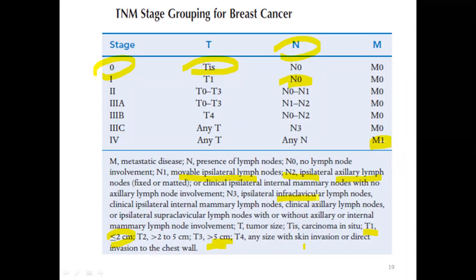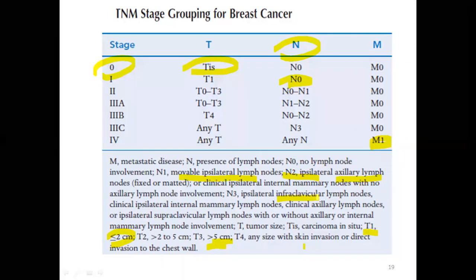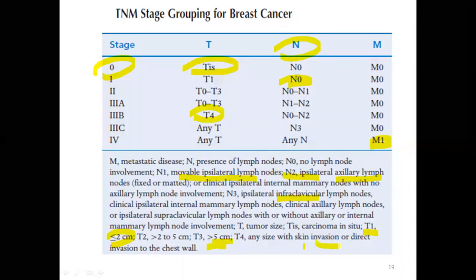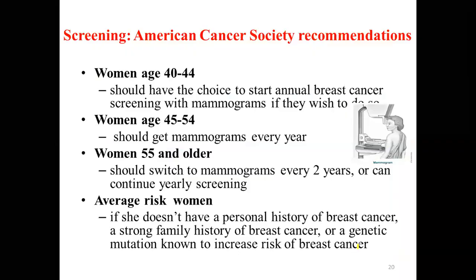The size is bigger, but still there is no metastasis. Can you see the size of the tumor in stage 3? Especially in B stage, it is any size, but there is involvement of the skin, meaning it goes beyond the breast tissue. So this is how they are grading the tumor.